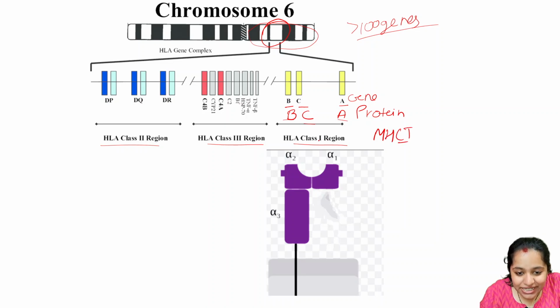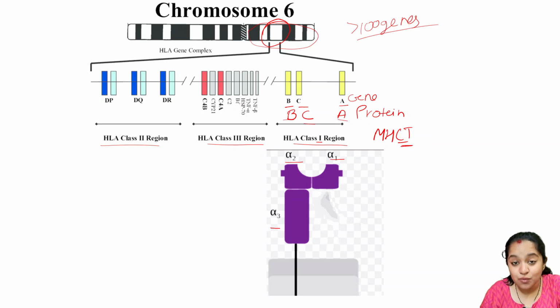This alpha chain has three domains: alpha 1, alpha 2 and alpha 3. Now this alpha chain alone is very shy. It's not able to express itself. So in such cases, we will get help from a neighbor chromosome.